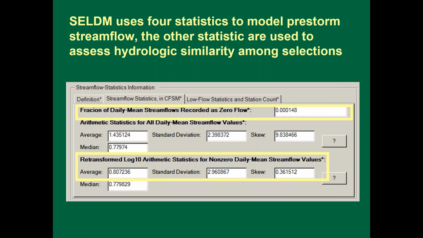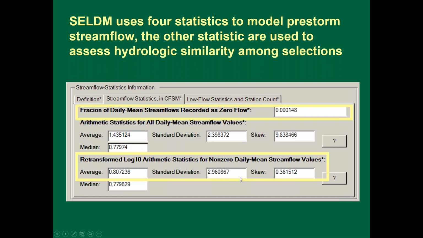So when we're looking at the pre-storm flow, in the SELDM interface, there's a number of statistics there that are mainly there to help you look for hydrologic similarity, like what are flows at one site versus flows at the other. SELDM only actually uses 4 statistics.